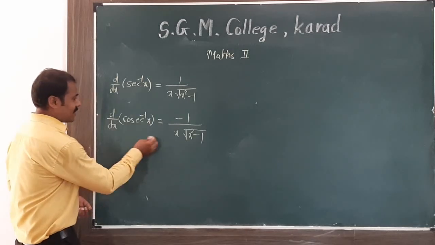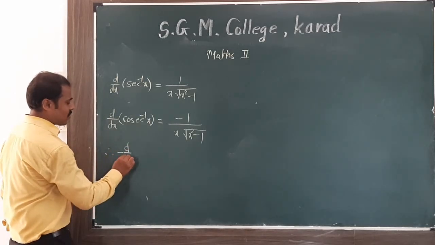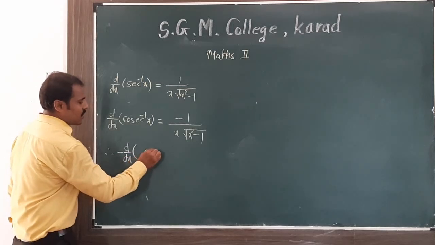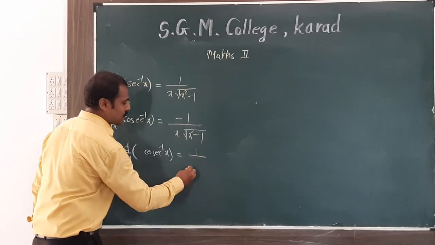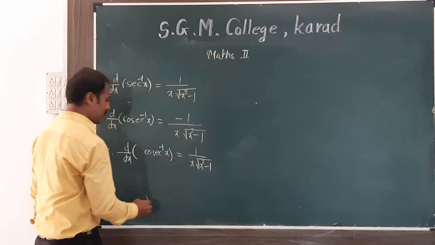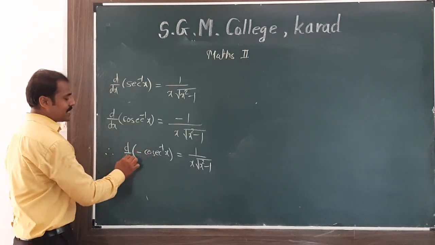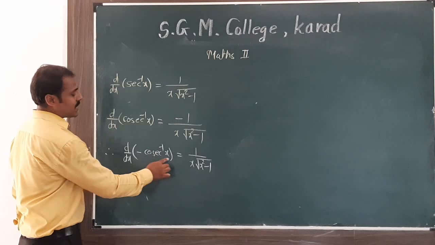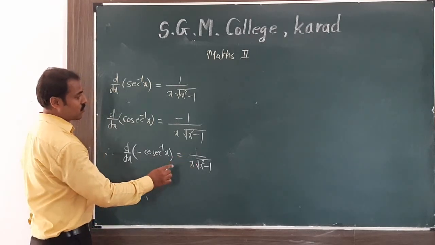So multiply both sides by minus 1. So minus d/dx of cosec inverse x is equal to minus minus becomes plus 1 upon x root of x square minus 1. Taking the minus sign inside the derivative symbol, d/dx of minus cosec inverse x is equal to 1 upon x root of x square minus 1.